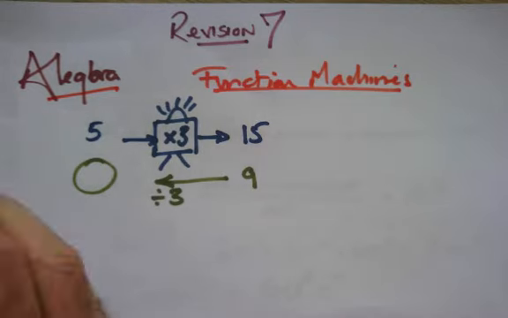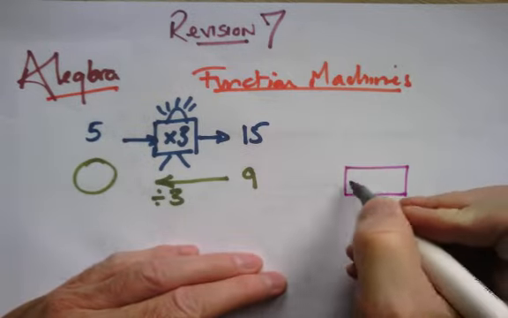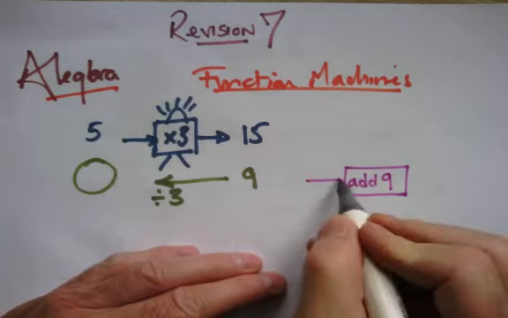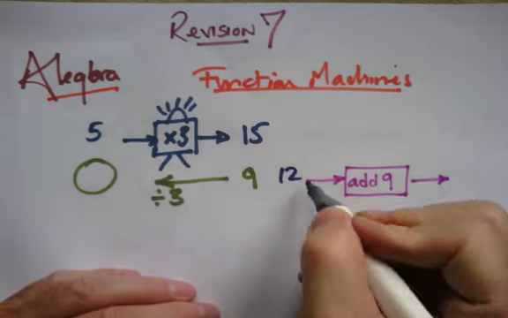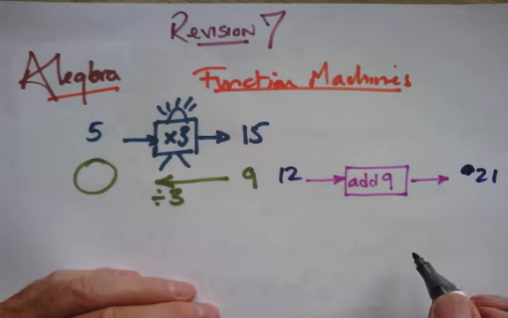So let's look at the question that we're going to face. This machine literally says add 9, and it has the input and the output. Work out the output when the input is 12. When I put 12 in, add 9, I get 21.